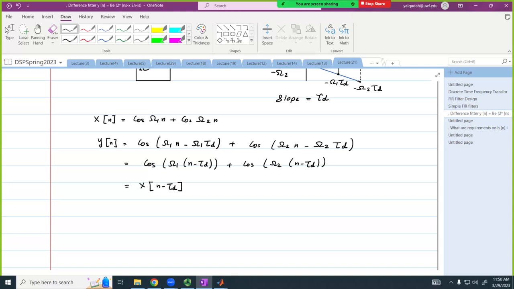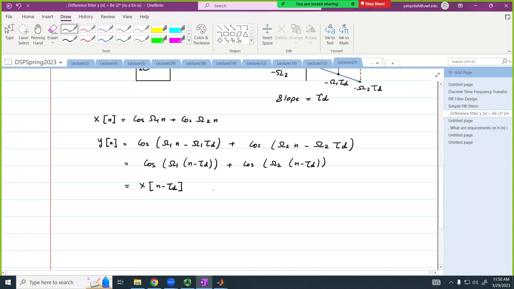Omega 1 was delayed by tau delay, omega 2 was delayed by tau delay, and as a result, the whole signal was delayed by tau delay. This is only possible when the phase is linear. If the phase is not linear, I would not be able to write this like this. Is that clear, everybody?